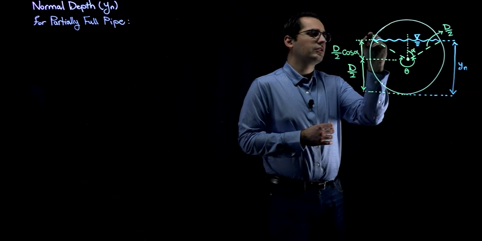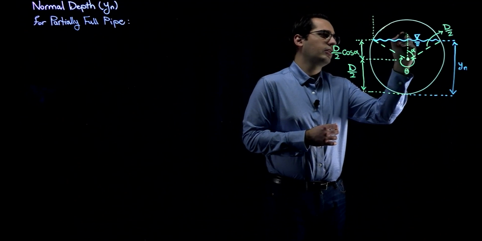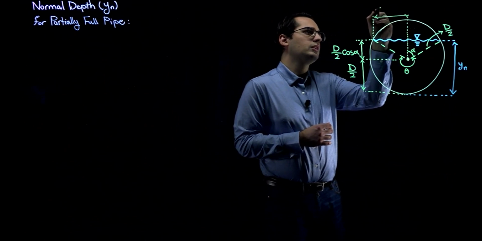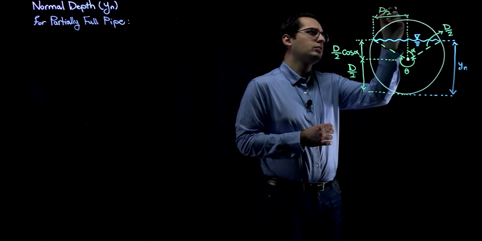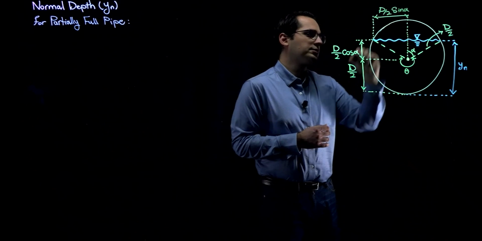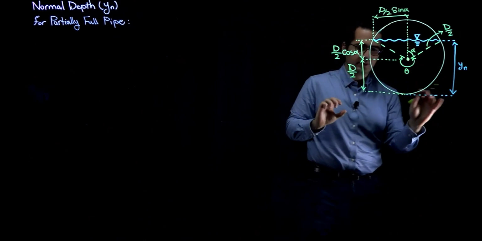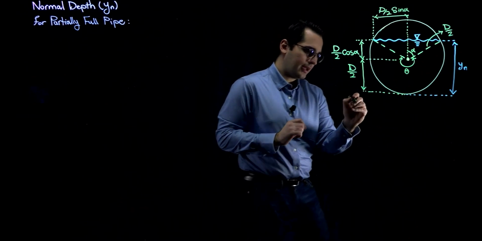And also this length, the horizontal length over here, would be d divided by 2 sine of alpha.